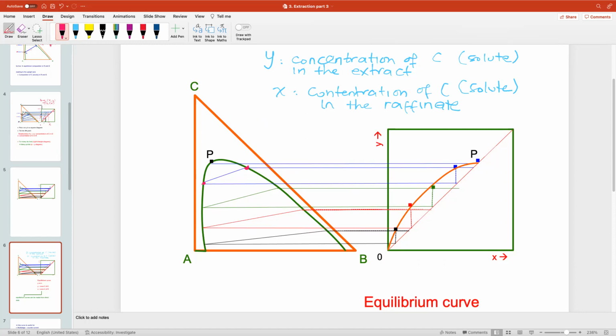Okay, and when you read the vertical, this is the percentage of C. Remember, this is 100% C. This is 0% C. Okay, but when we use the diagram, we won't go to 100% C, of course, because it's only up around here. There's nothing in here. We can't reach this area, so maybe this goes up to 0.5, for example.